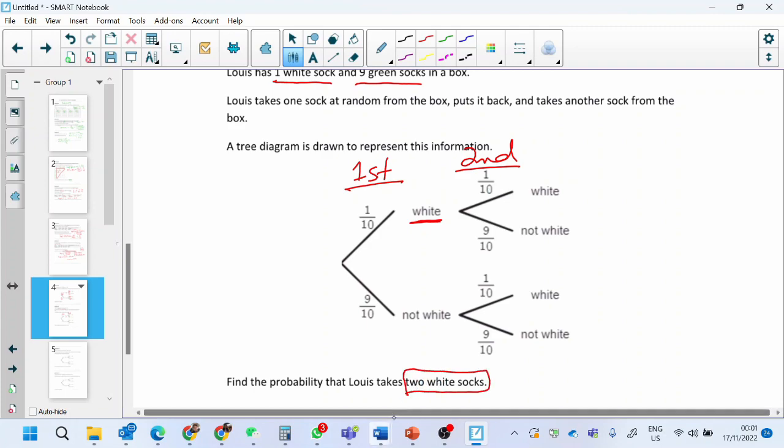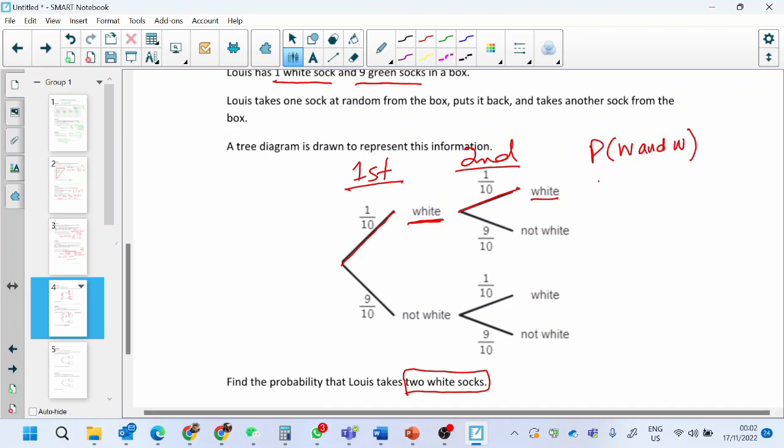So the probability of getting two white socks means white here and white here. So we have to go on this branch and then on this branch. So probability of white and white.